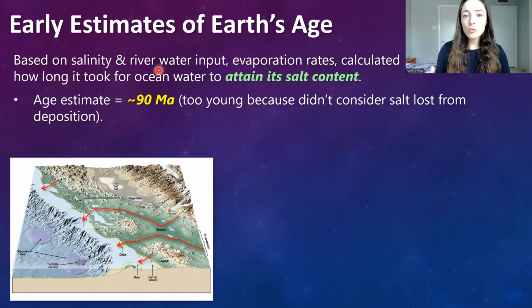So much salt content has been lost from the ocean. It's not just going in, it's also being deposited. Because this was a huge consideration that they completely missed, this estimate was way too young. They were only considering input and not output.